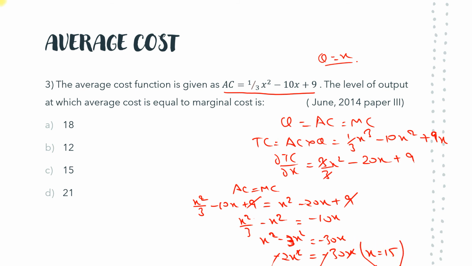So you will find X is equal to 15. So at output 15 you have average cost equal to marginal cost. So in this question your answer is C.